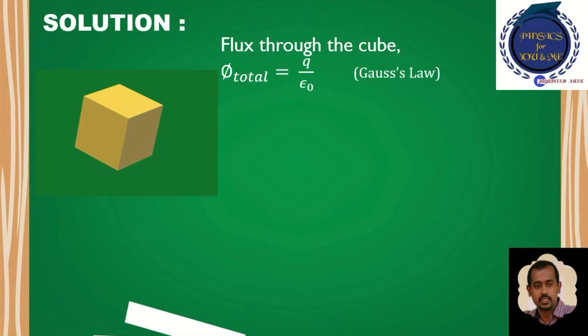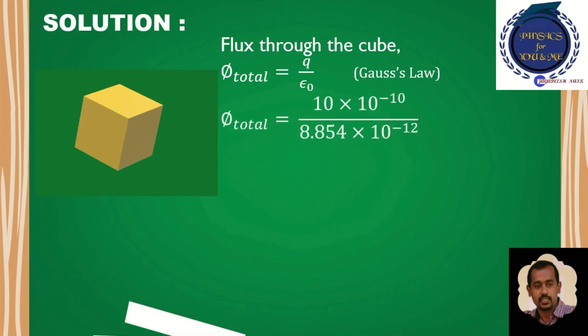Since the charge is assumed to be in air, which is almost equal to permittivity of the free space, hence, substituting the values for Q and permittivity of the free space, we will get the value for the total flux passing through the entire cube, which is equal to 1.13 into 10 raised to 2 Newton meter square per coulomb.